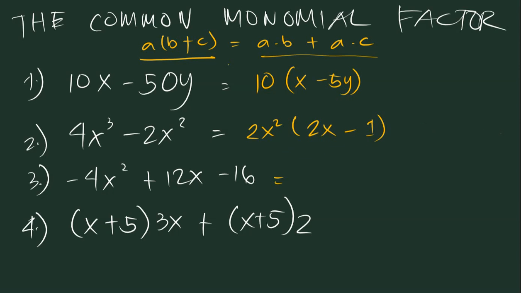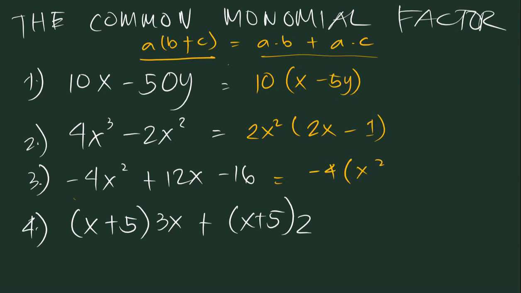Then let's proceed to this next one. What do you think is the common factor to this trinomial? What do you think is common with negative 4x squared, 12x, and negative 16? It is negative 4.